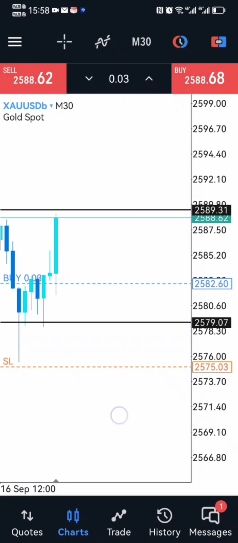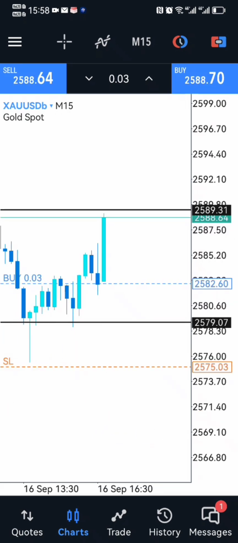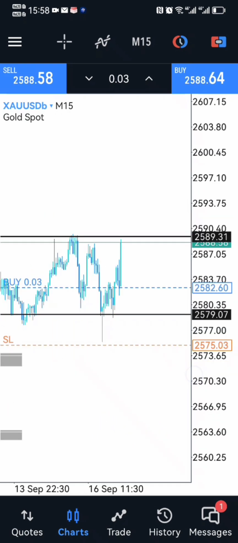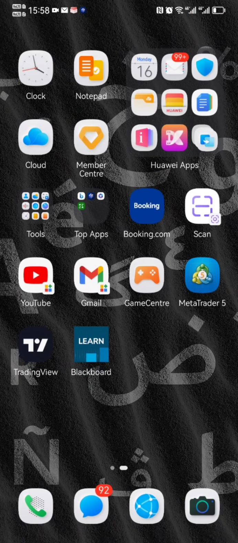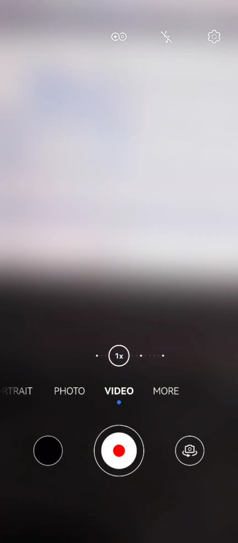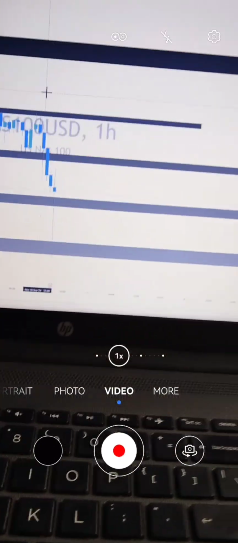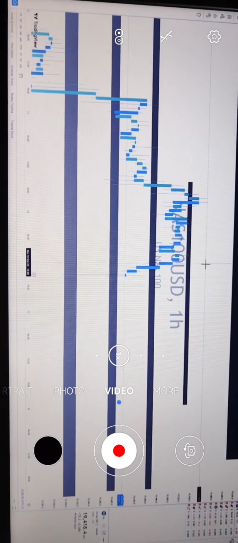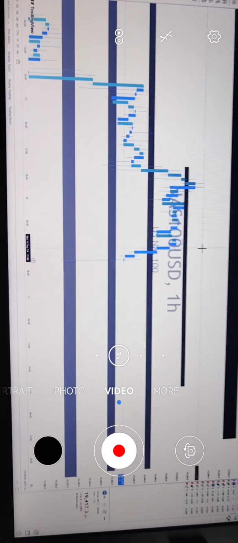This is the entry for gold, and this is how the market is currently going. And quickly, I want to show you guys something before stopping the video. I want you guys to look at this setup for us. So I'm seeing a buy for us now, and because I know I said I'm gonna use proper risk management, but this is a high probability setup.